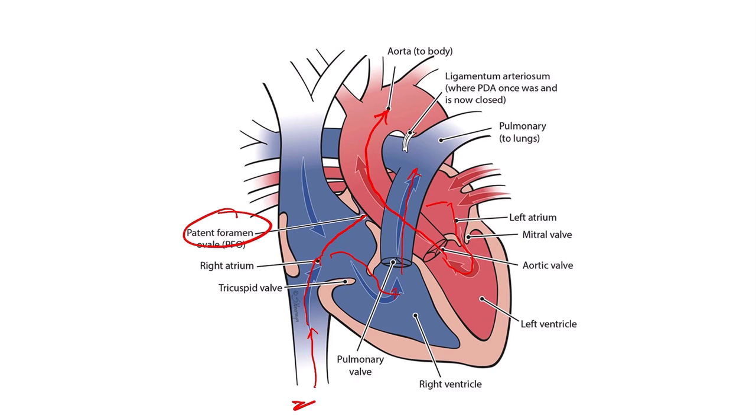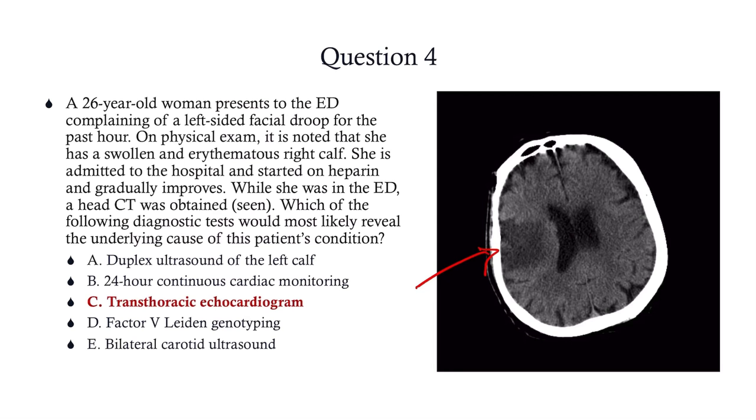So this woman clotted for some reason, which we don't know, but nonetheless, she had this DVT and a paradoxical embolism. Typically, if somebody has a DVT, they have some risk factors. They could have a hypercoagulability disorder. They could be on oral contraceptives and a smoker and have multiple risk factors that lead to a DVT.